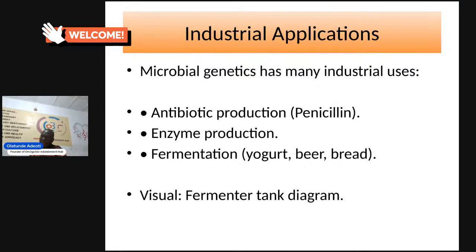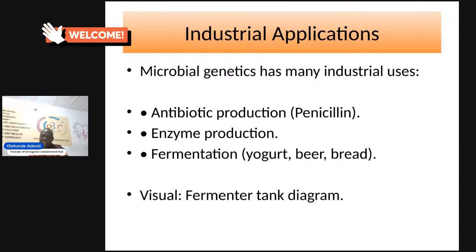Then the industrial application of microbial genetics includes antibiotic production, for example penicillin. So we will see that microbial genetics has offered itself to be used in the production of certain antibiotics.